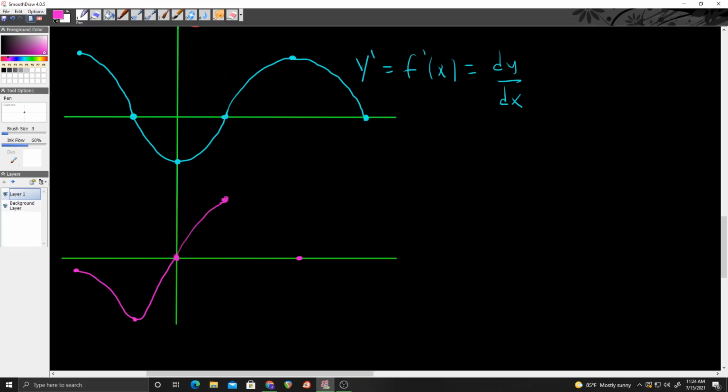Slope will be a maximum here, and now what's happening to the slope? It's steep positive, but it's starting to approach 0, and then it's negative.